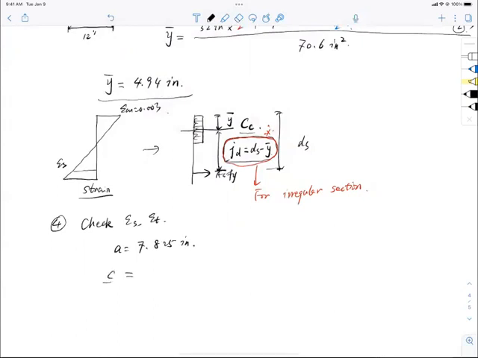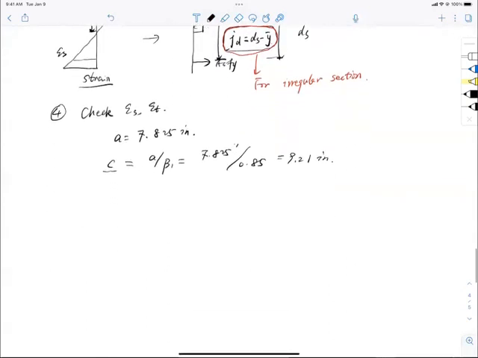C, this is steel, okay? C is the actual compressive zone, right? So equal to a divided by beta 1. So 7.825 inch divided by beta 1 for the 4 ksi concrete, 0.85, equals 9.21 inch. Okay, so that is my c.